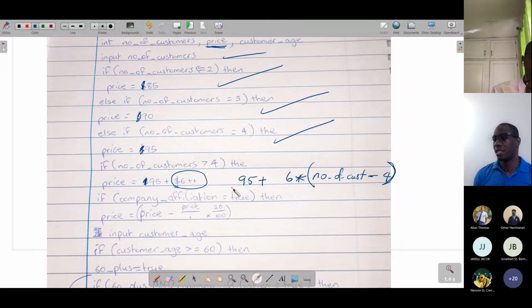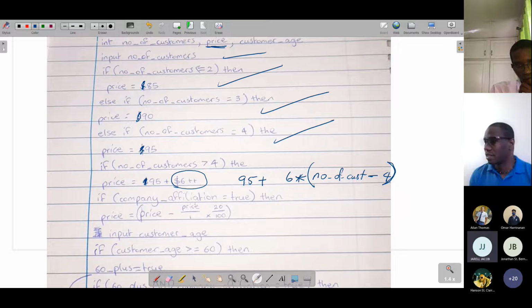But if we express it like this, anybody reading this can work out a value. Okay, the number of customers minus 4. We add the price of 4 and we multiply 6 by the number of customers minus 4. And this is clear and unambiguous because it's a mathematical statement.